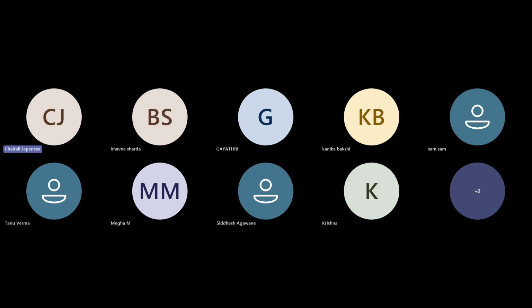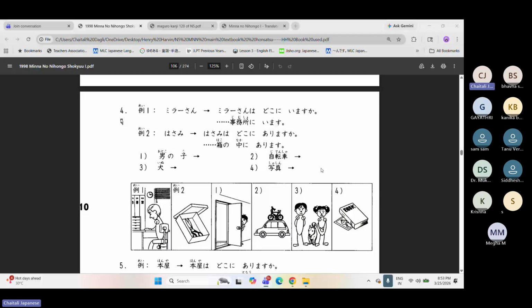Otoko no ko to onna no ko no aida ni imasu. Between a girl and a boy. Clear everyone? Aida is in between. Okay.